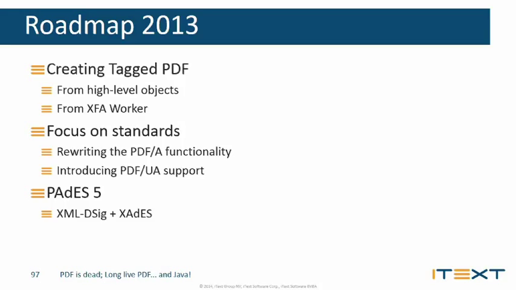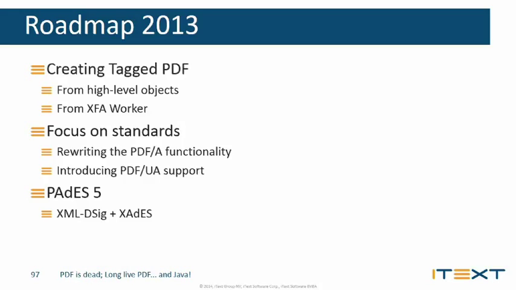In 2013, we started working on creating tagged PDFs from high-level objects. That's what Raf has shown. So where you say, I'm using paragraphs, tables, and so on, and I'm going to tell the PDF writer, set tagged, so I want a tagged PDF. Then the semantic information, I am a paragraph, I am an image, and my alternative text is not figure 1, but is fox or dog.